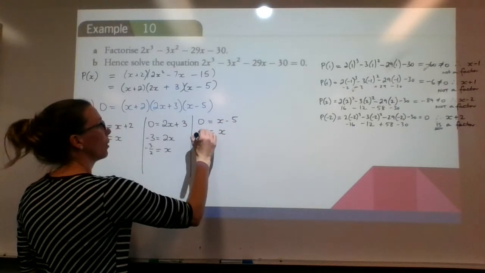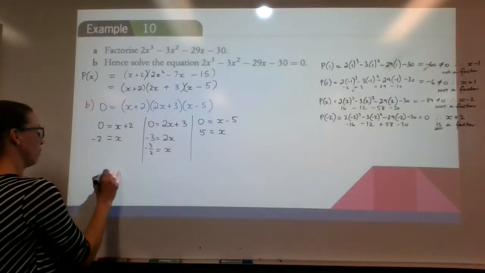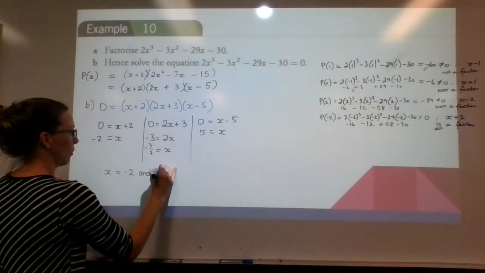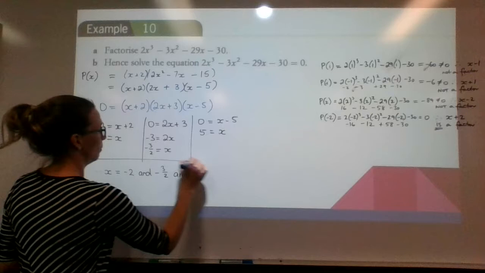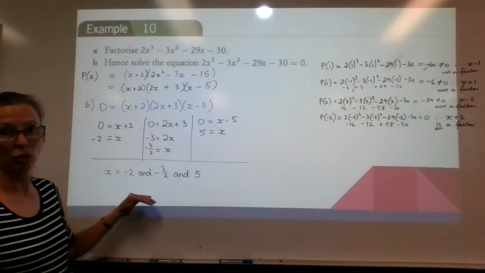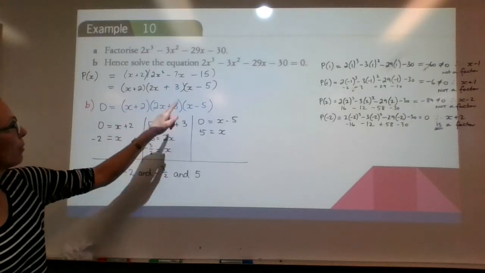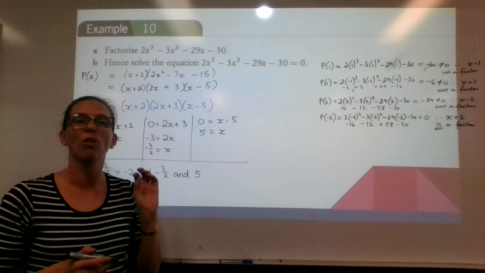X, add it to both sides. So my 3 solutions are, so therefore x equals negative 2 and negative 3 on 2 and 5. They are my solutions to the equation. If I put any one of those into this formula or into the original polynomial, I will get the answer of 0.